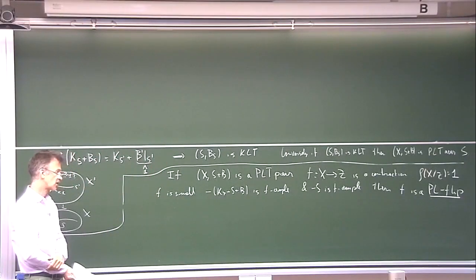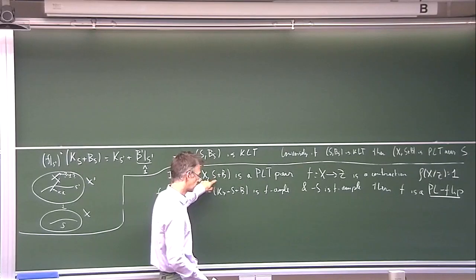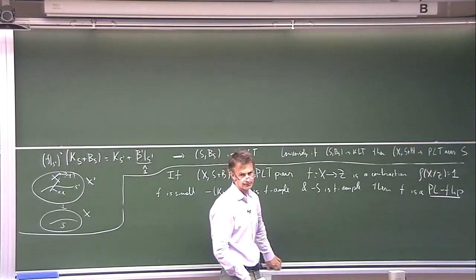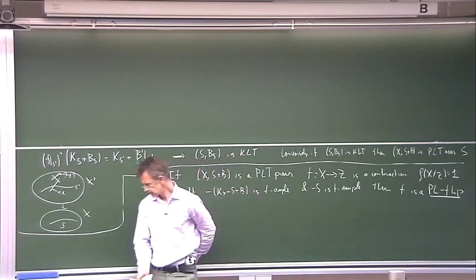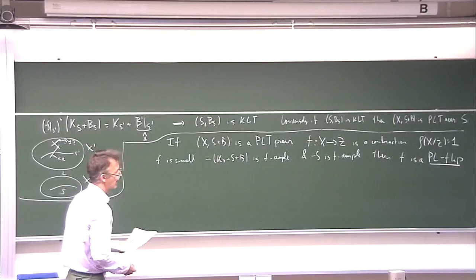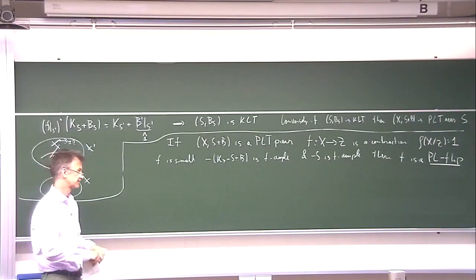So from that point, it's not so different from a usual flip. The real thing here is that there is a distinguished divisor of coefficient 1, which is relatively anti-ample. So the relatively anti-ample condition tells you that all the interesting geometry is happening inside of S.